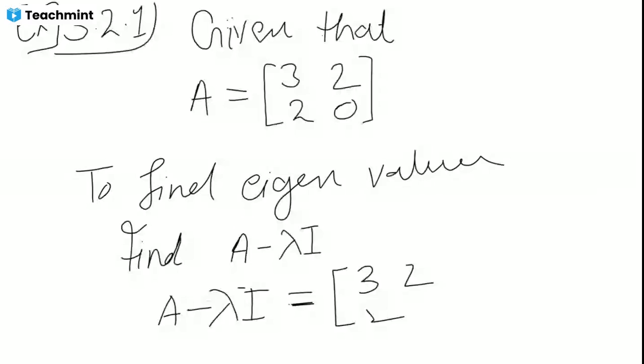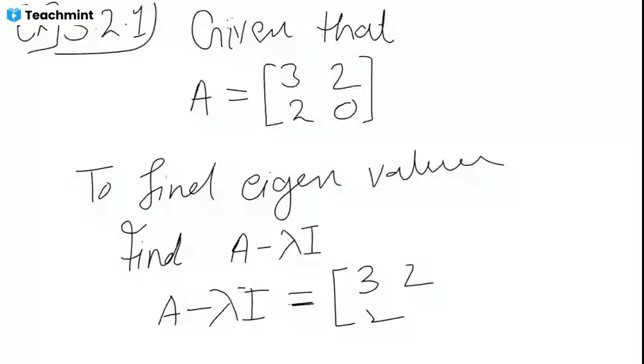Yeah, we'll do it for that. Okay, we are finding eigenvectors for lambda is equal to minus 1 and also for lambda is equal to 4. Let us find for minus 1 first.